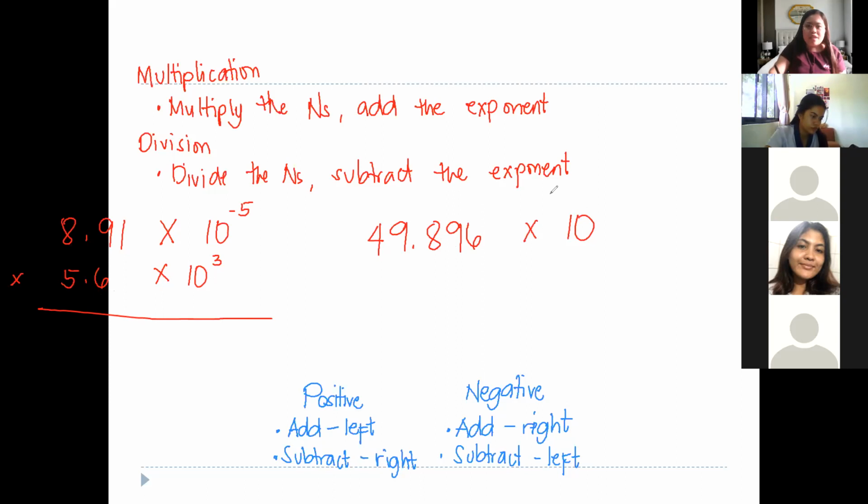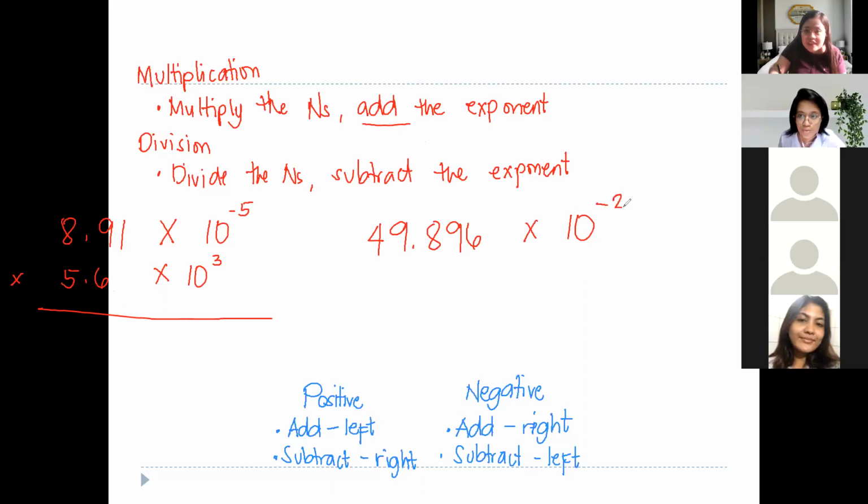What will happen to the exponent? Add the exponent. So negative 5 plus 3. Negative 2. So again, the answer here is 49.896 times 10 raised to the power of negative 2.